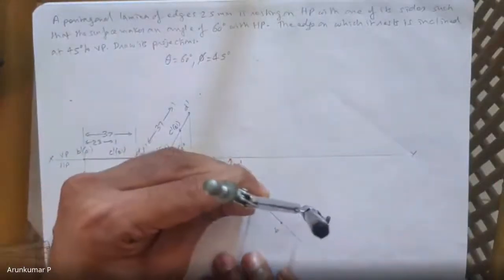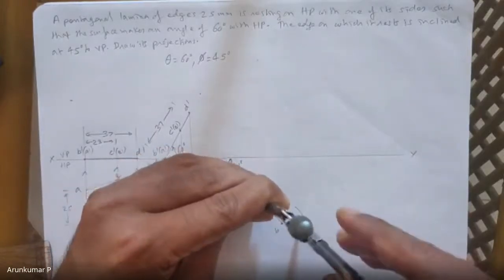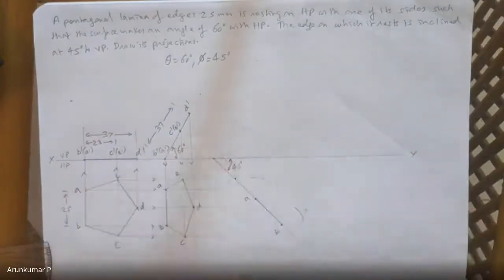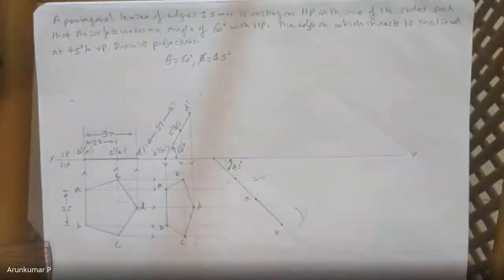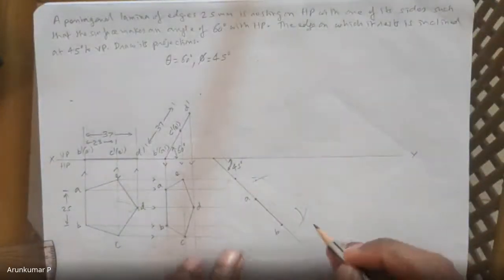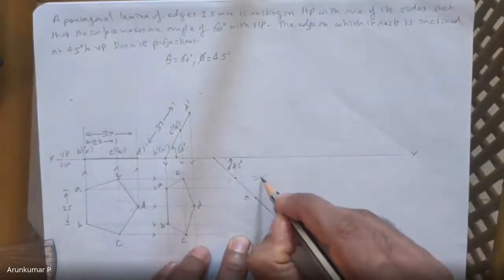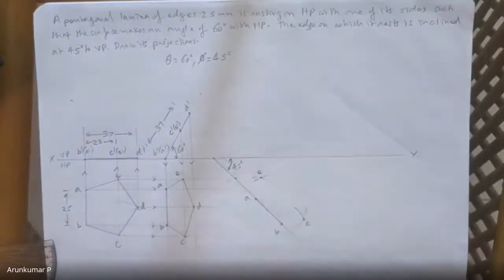Measure this, and then from A, you go and cut this arc. From B, you go there and cut this arc. So what you are doing is you are trying to locate C and E with respect to AB.